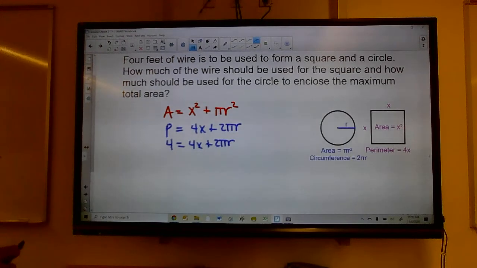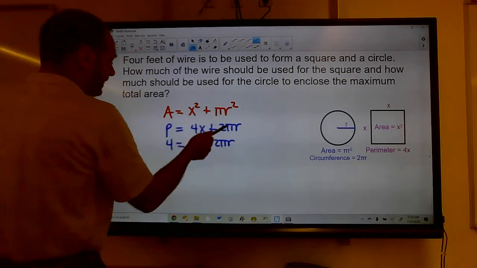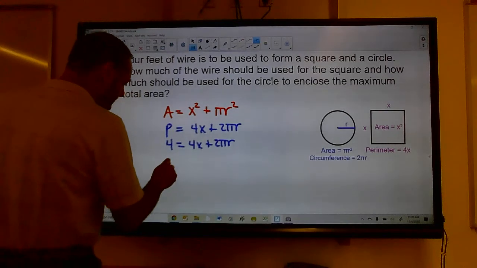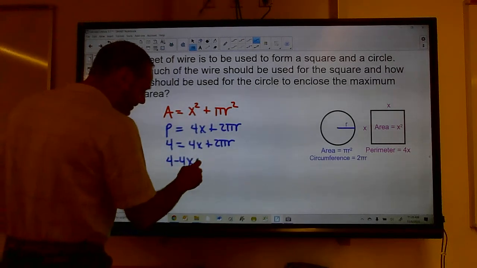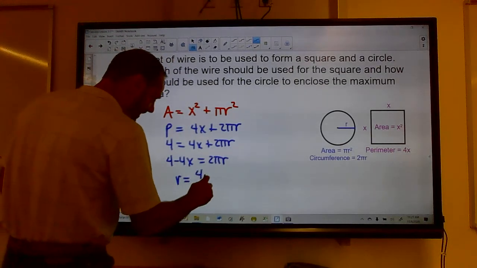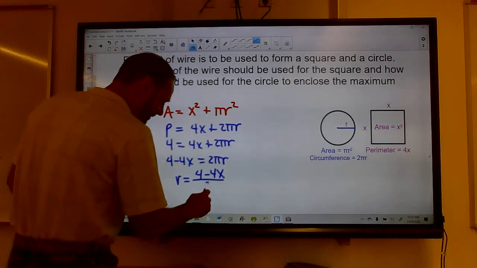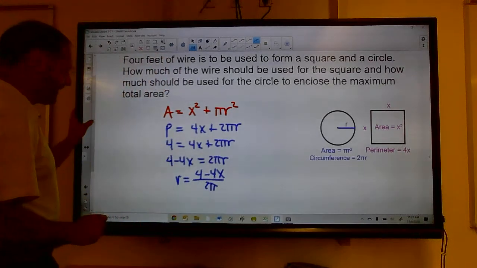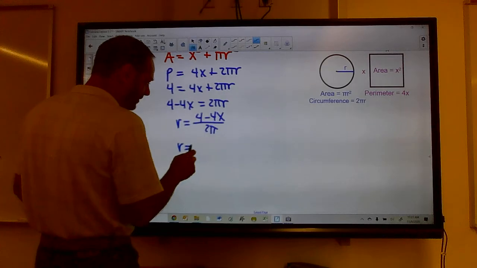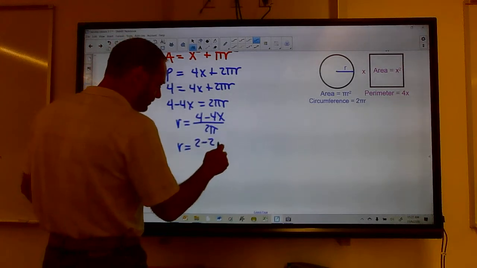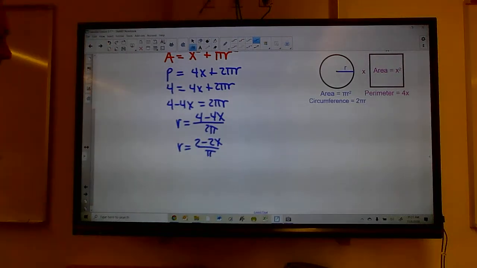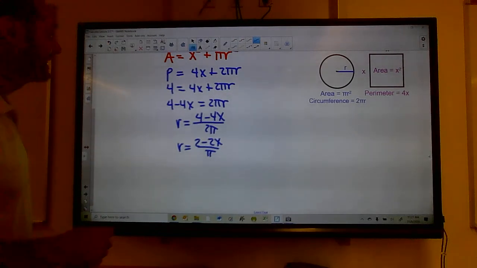So here's my other equation. Now I can solve for r, and I can substitute it in here and get rid of the r's. Okay, so 4 minus 4x equals 2 pi r. And then r is going to be 4 minus 4x divided by 2 pi. And I can cancel a 2 because there's 2's up in here. So that would be 2 minus 2x over pi. Okay, so I'm going to take that.